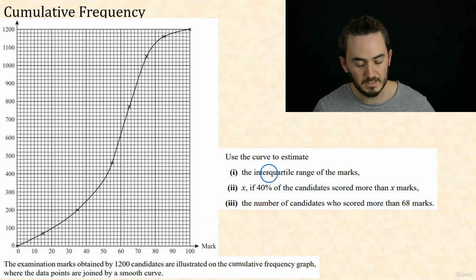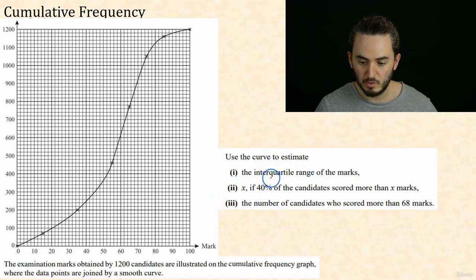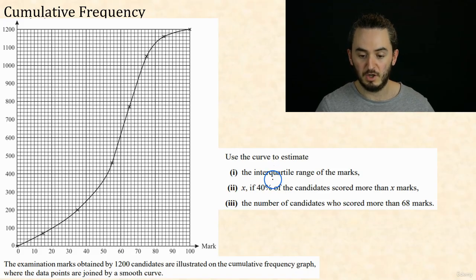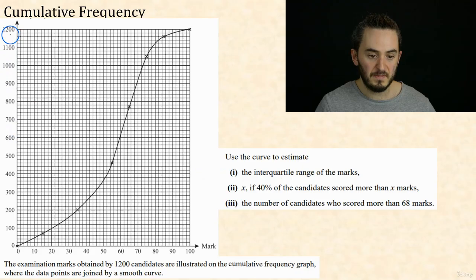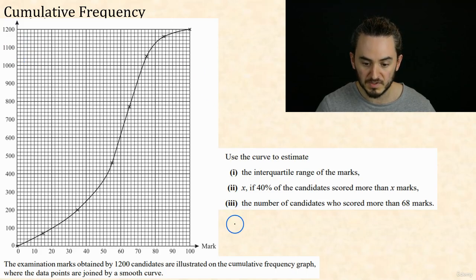Okay, so in order to find the interquartile range, we're going to need to figure out what the positions of the quartiles are. And if you have 1,200 candidates, then the position of the lower quartile is a quarter of 1,200, which is 300.